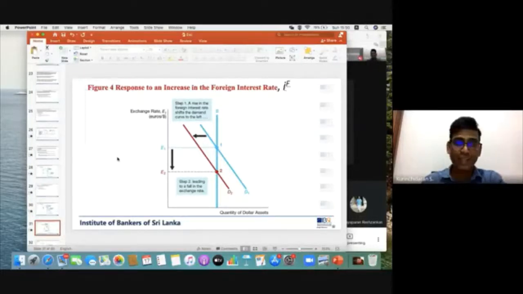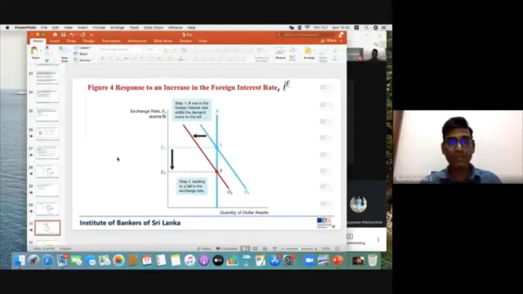Why? Now everybody is moving from the US to euro. We are just looking at these 2 countries. Others are fixed. For this example, I'm not talking about other countries.